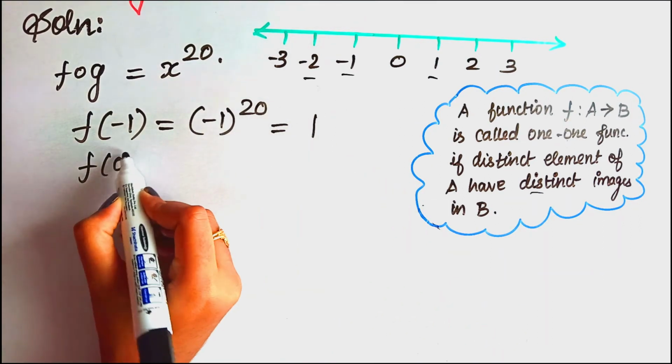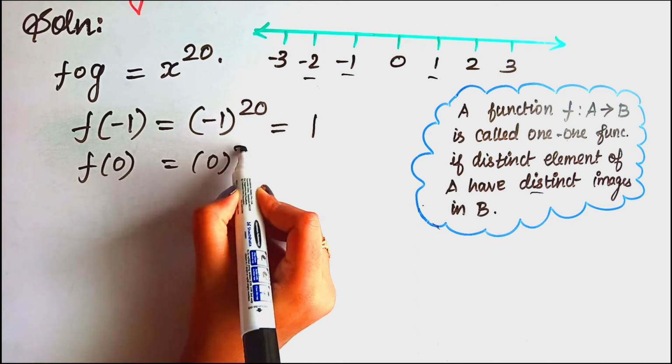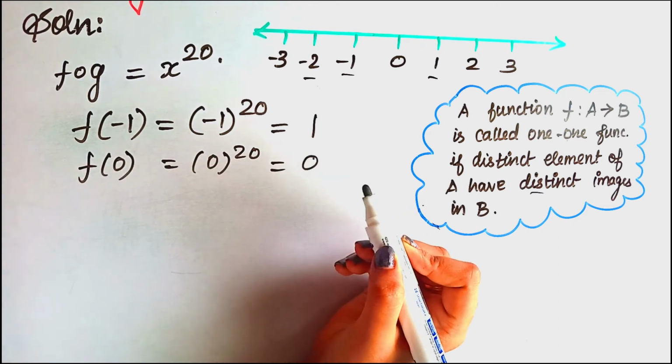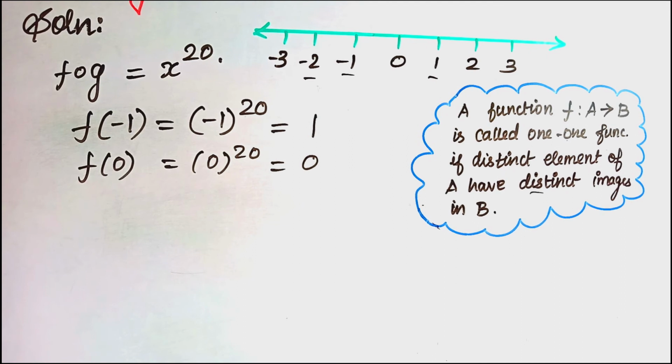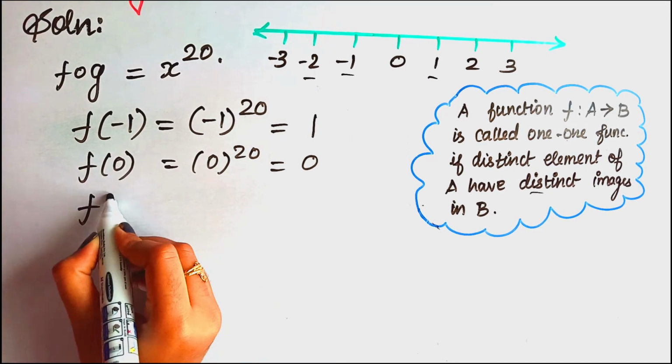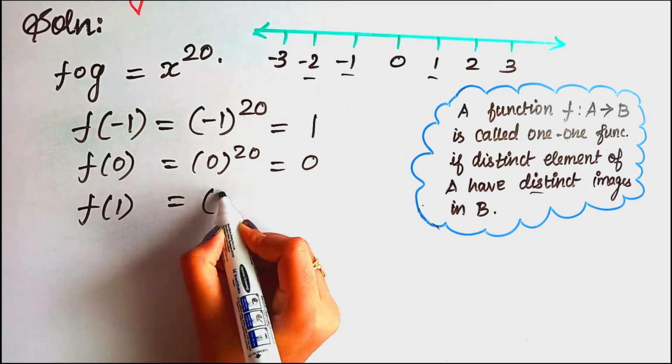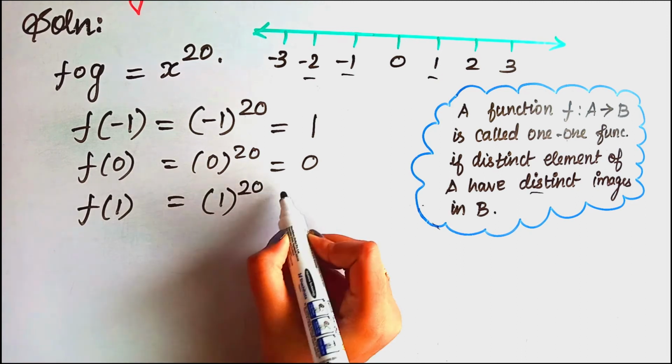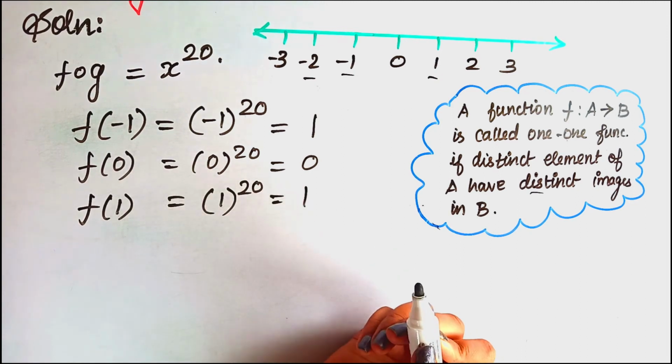And then for 0, it will be 0 power 20, and our answer will be 0. And then for plus 1, we are substituting plus 1 here, plus 1 power 20, it will be again 1, right?